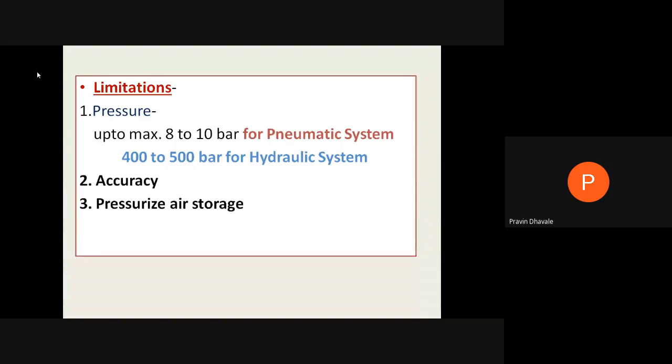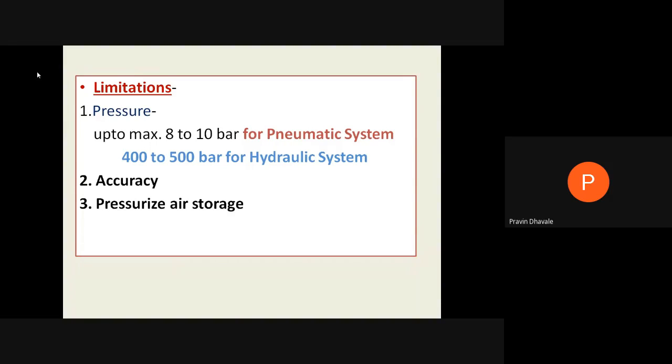आणि pressurized air storage is always required in case of a pneumatic system, because whatever the system elements they are operated, they are because of the pressurized air, and that pressurized air is to be obtained by the compressor.